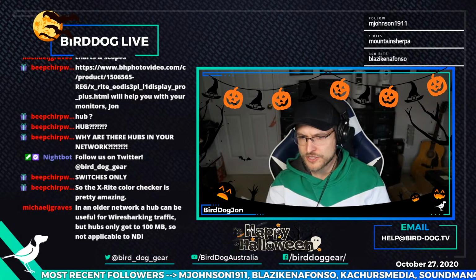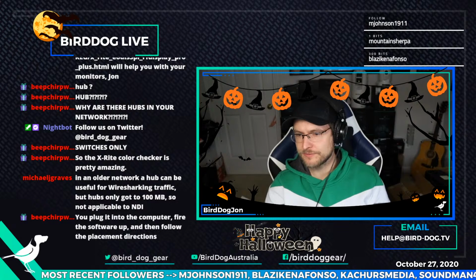The X-Rite color checker is pretty amazing. In an older network, a hub can be useful for Wiresharking traffic. Only get 100 megs, so not applicable to NDI. Plug it into the computer, fire up the software, follow the placement directions. Cool.